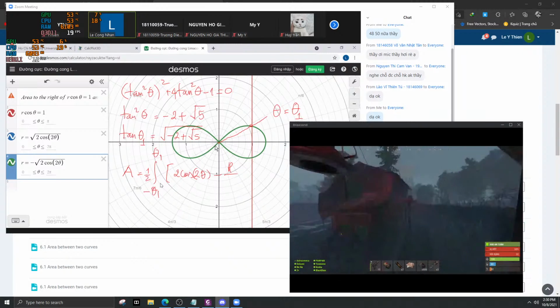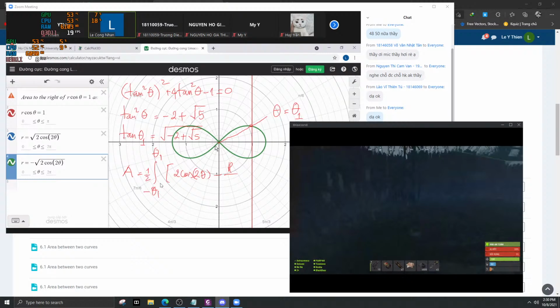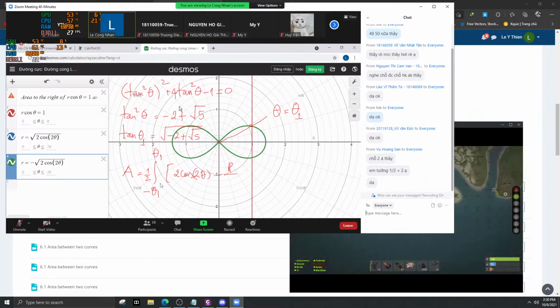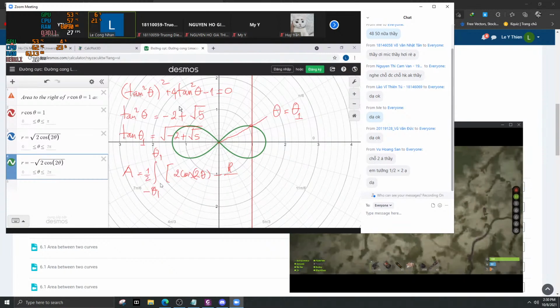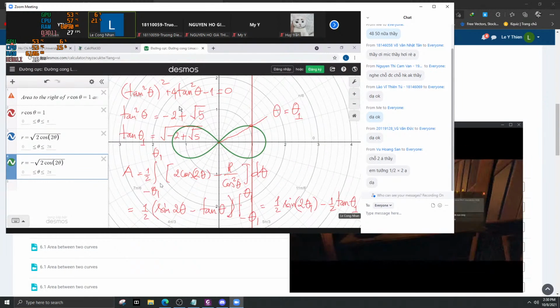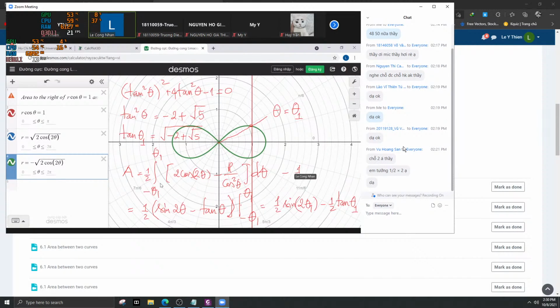Plugging in the limits from minus theta 1 to theta 1, we get 1/2 sine of 2 theta 1 minus 1/2 the tangent of theta 1, minus 1/2 sine of minus 2 theta 1. So we have plus 1/2 sine of 2 theta 1.